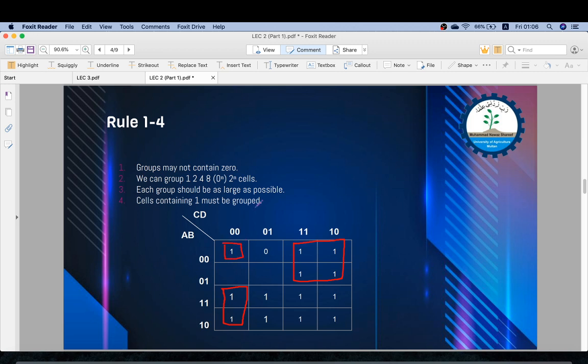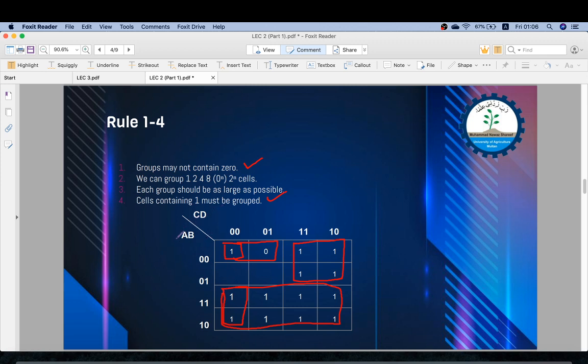Why? Because cells containing 1 must be grouped. Why will we not group with this 0? Because groups may not contain 0.